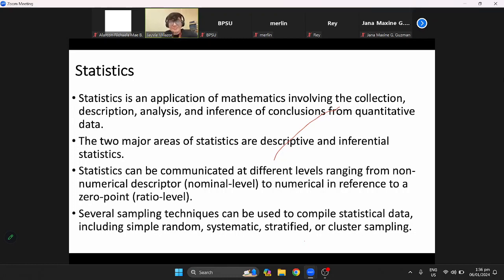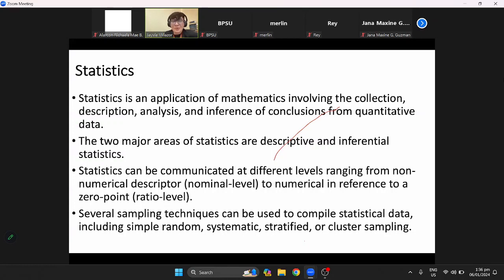Okay? Ayan. And also, guys, it's very important to know that statistics can be communicated at different levels, ranging from non-numerical descriptor or nominal level to numerical in reference to a 0 point or ratio level.